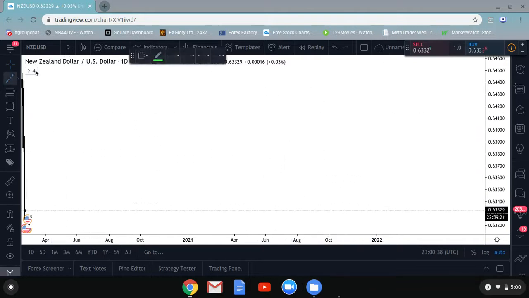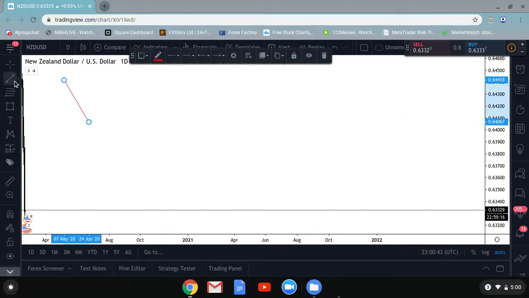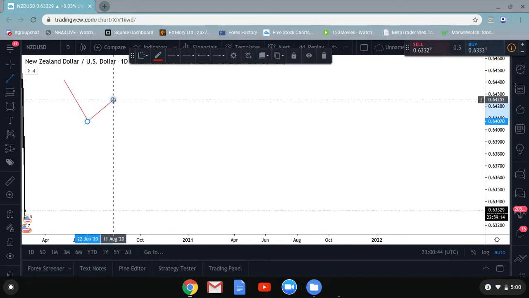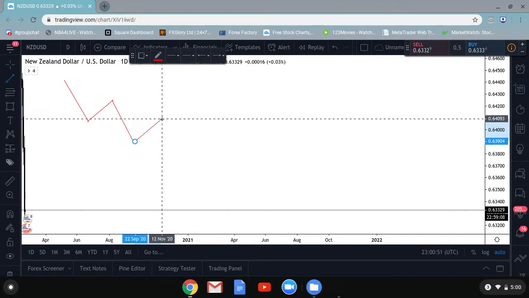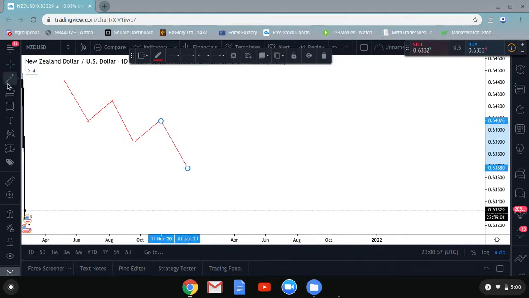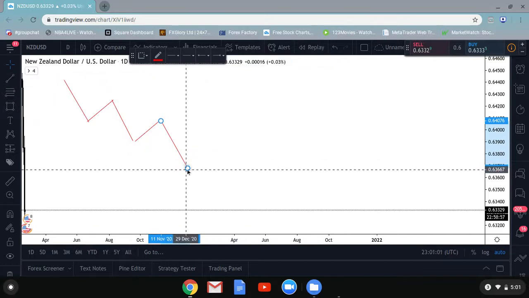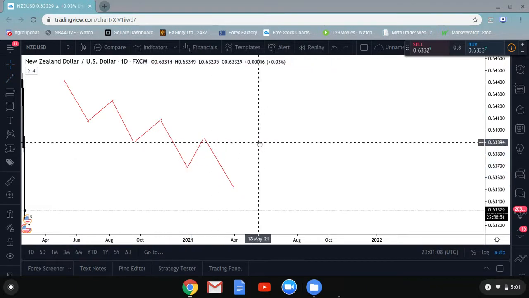So for this example, let's draw up a bearish trend. So you would have price do something like this.